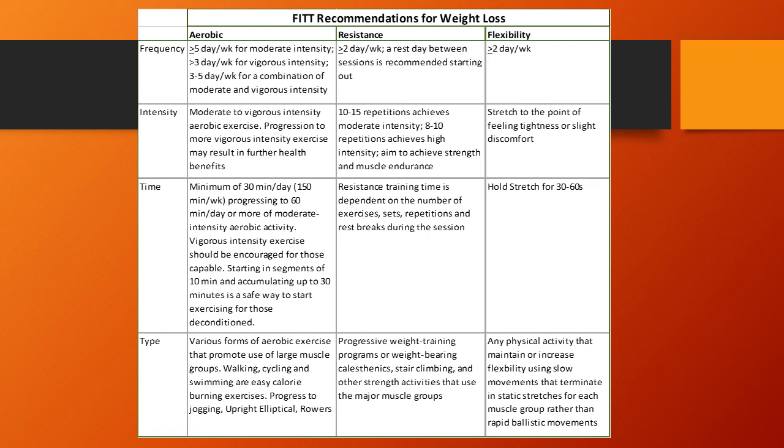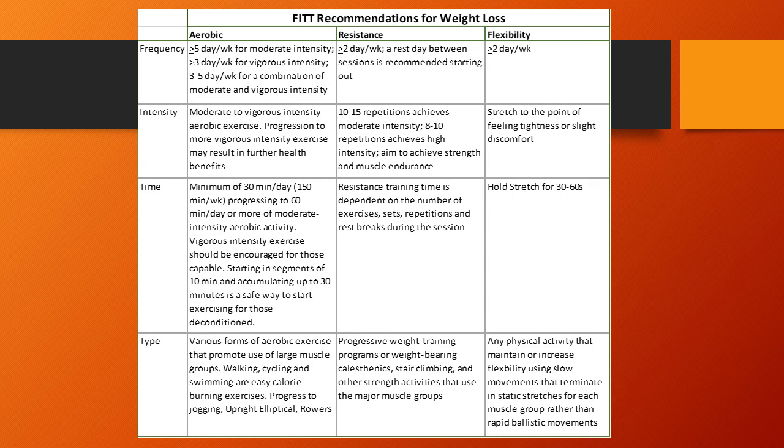Now again, for resistance training, we want to try to make sure that our weight training is progressive. We don't want to always constantly lift the same weight. We don't want to do always the same number of sets and the same number of repetitions. We always want to try to progress what we're doing. And that's where we can start going from body weight movements to plate loaded movement or machine based movement.